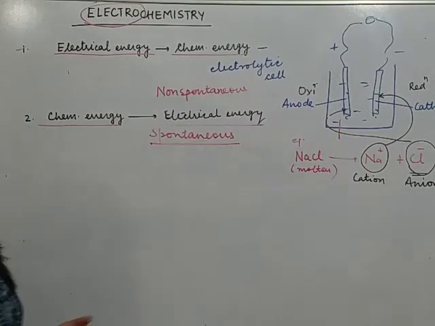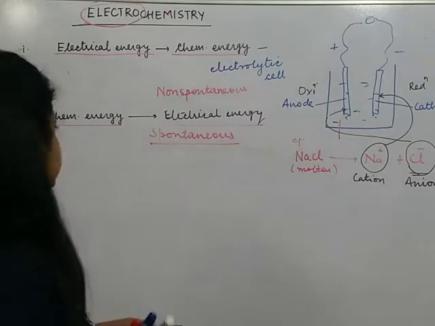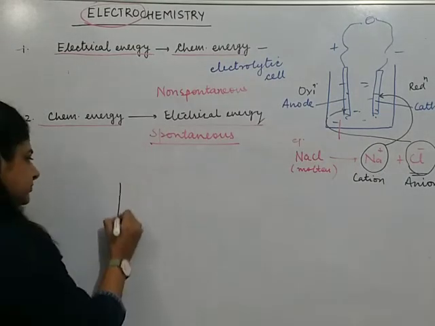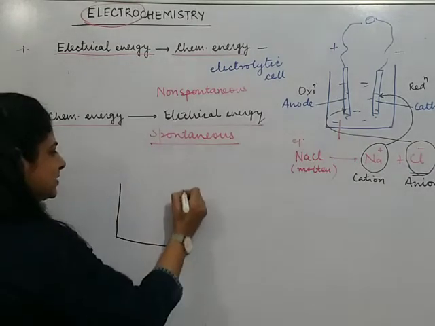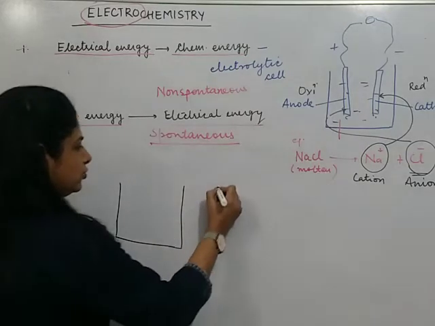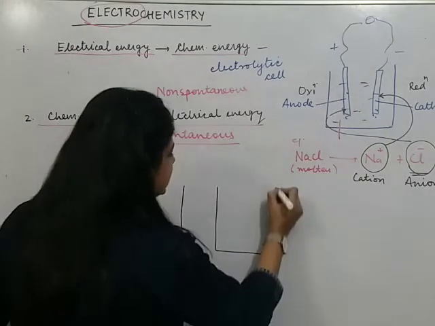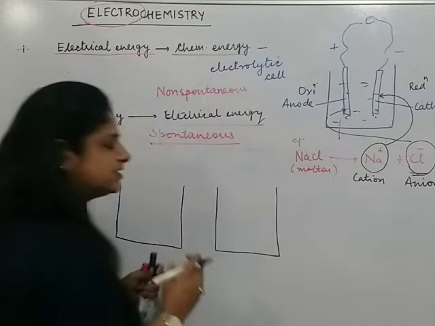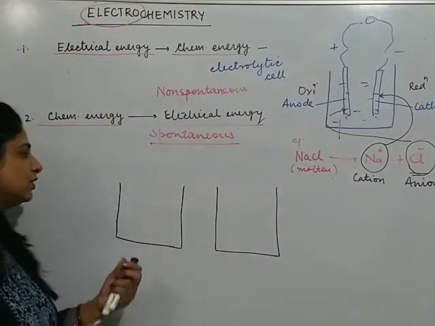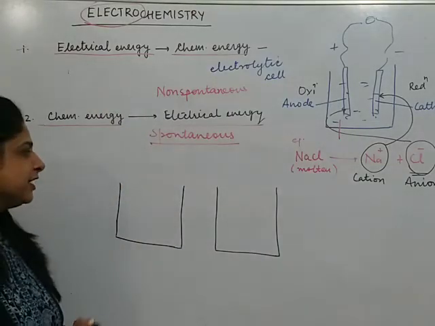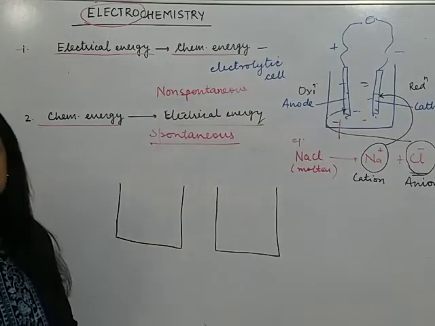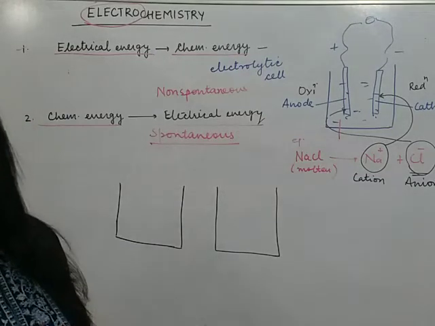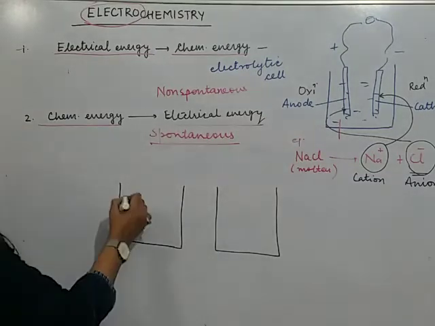Now what is so specific about this type of cell? The complete process takes place in two different cells which we may call half cells. In one of them the oxidation will take place, while in the other the reduction will take place.